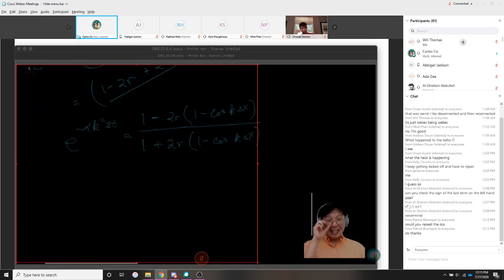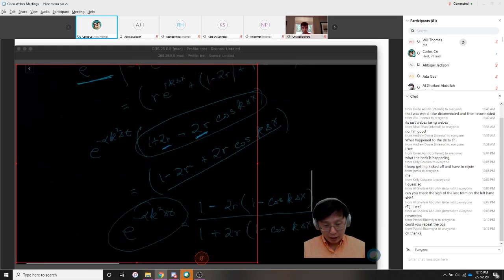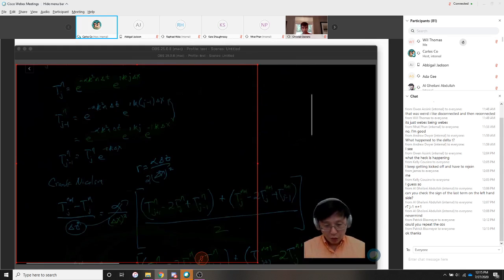And now at this juncture, remember, this is the multiplicative factor that is multiplying the terms with the cosines and sines.